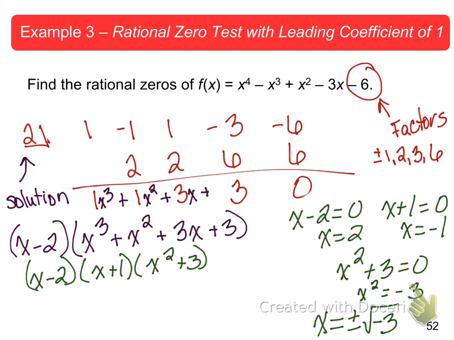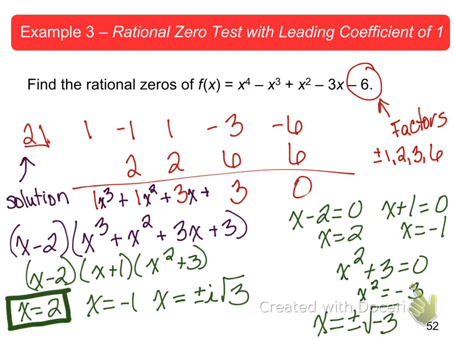So my solutions here, plus or minus square root of negative 3, I'm running out of room. So I've got x equals 2, x equals negative 1, and x equals plus or minus i square root of 3. So here is one solution right here.